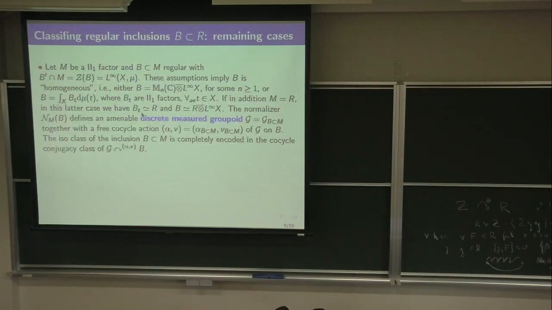And that says what? That either B will be of this form, so it is of type 1n, or it will be like this. It will be an integral of II1 factors.